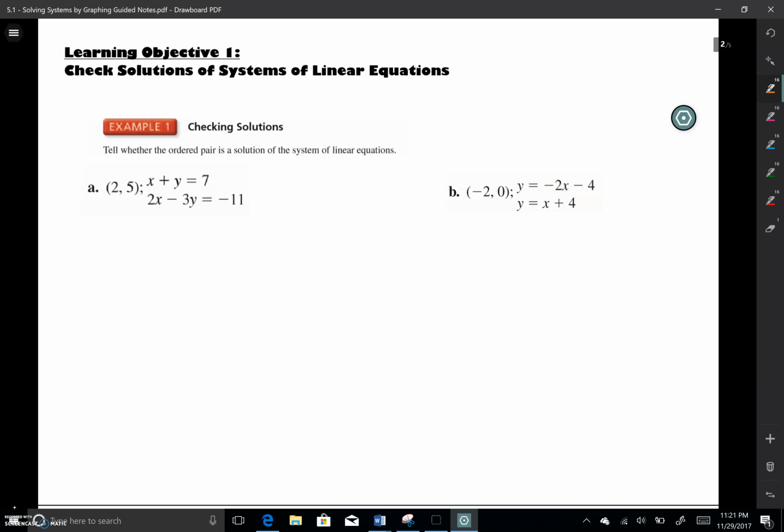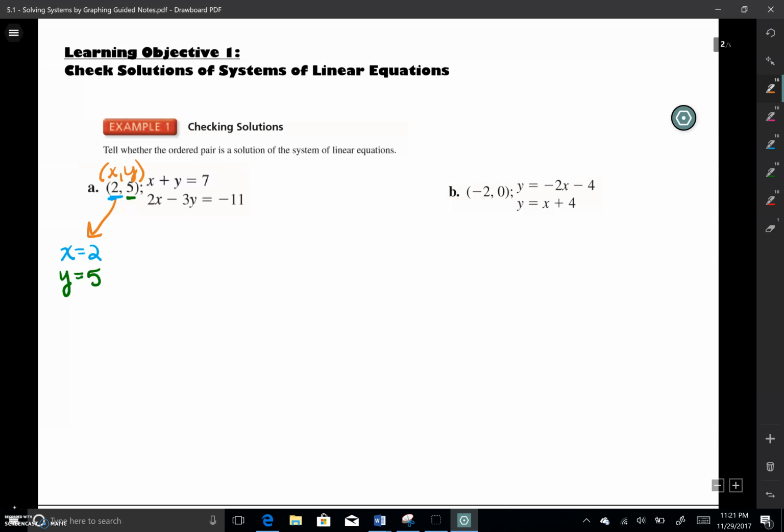The first thing that I want to do is determine what my x and my y values are. Remember, every ordered pair is written as x comma y. So when I want to determine what my x and y values are, I'm going to look at this first number here for my x, which is 2. And then I'm going to look at my second number here for my y, which is 5.